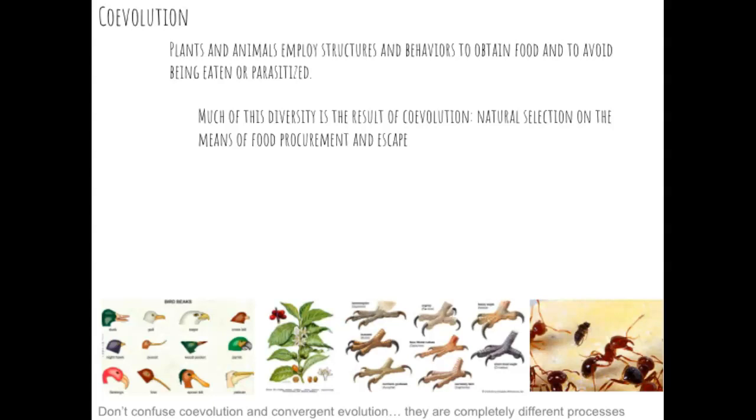If you think about like a hummingbird, hummingbirds have long, slender beaks that they are able to suck nectar out of the deep wells of certain types of flowers, and certain flowers that are adapted to being pollinated by hummingbirds, like honeysuckle, have a sort of long, narrow flower that only that hummingbird can access. And so through time, they have evolved simultaneously to be able to allow pollination only by that one species.